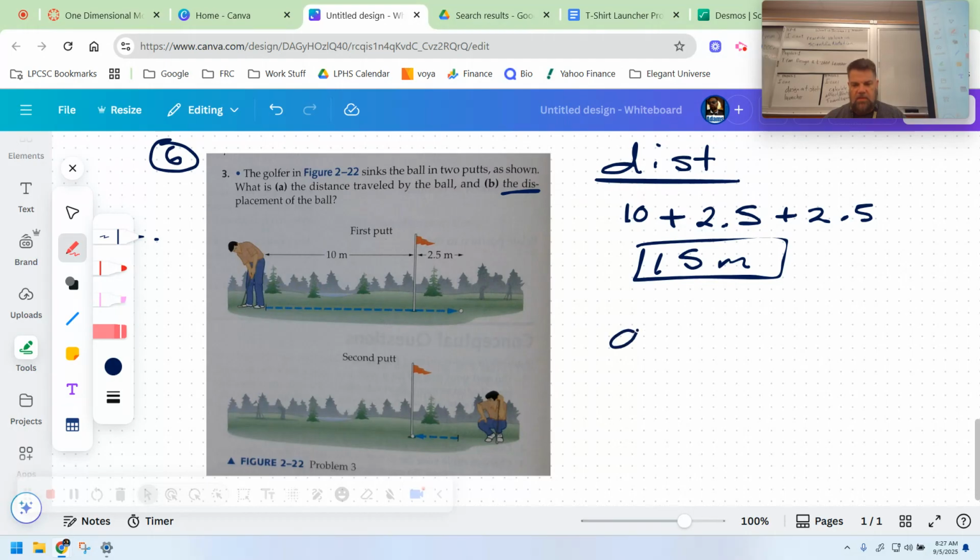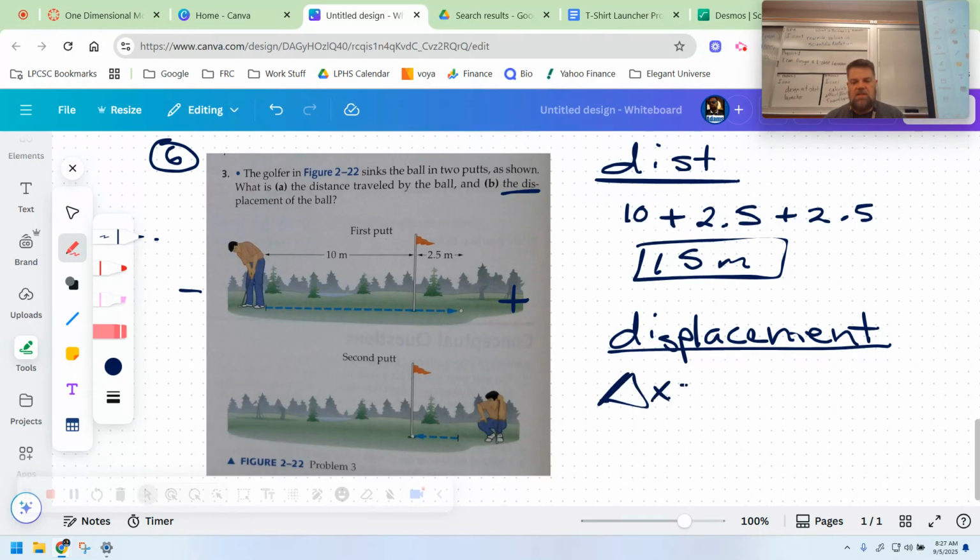Okay. Now for the displacement, we only care about the initial and final position. We're going to say that going in this direction is positive and going in this direction is negative. So we're going to say delta x is equal to the final position minus the initial position.